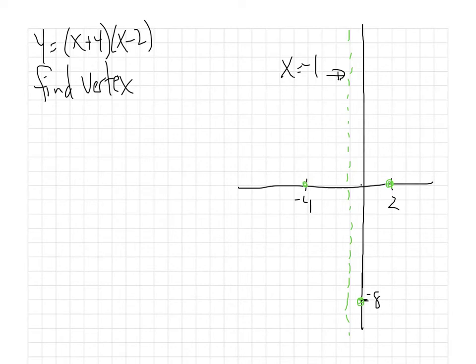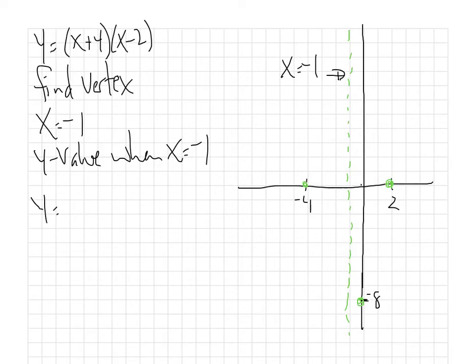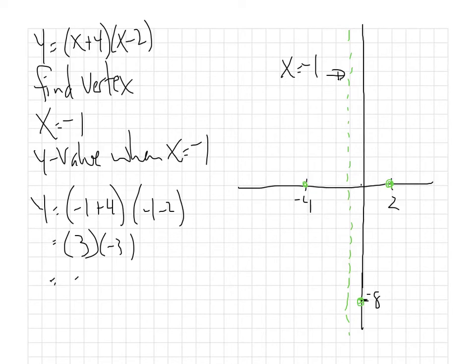So I know my line of symmetry is x equals -1. I need to find the y value when x equals -1. So y equals -1 plus 4 times -1 minus 2, which is going to be 3 times -3, which is -9.